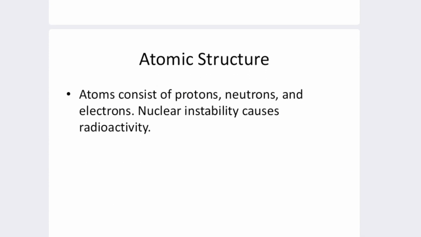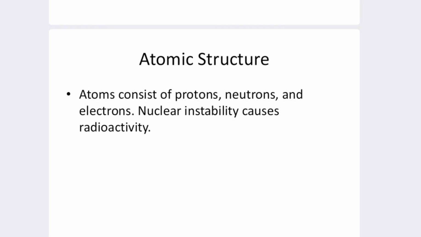Then, what is an atom? An atom consists of protons, neutrons, and electrons. Protons are positively charged particles, electrons are negatively charged particles, whereas neutrons have no charge.